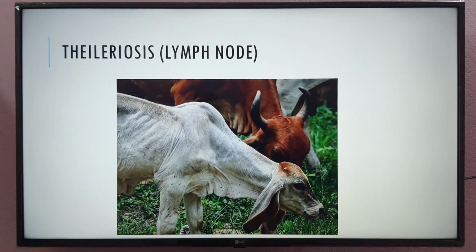If they are at the back side, by tail movement the animal can hit the tick, but in the neck area there is no mechanism to dislodge them. That is why they are found mostly in the head and neck area, from where the lymphatics drain to the prescapular and parotid lymph nodes. That is why these two lymph nodes usually swell up fast.